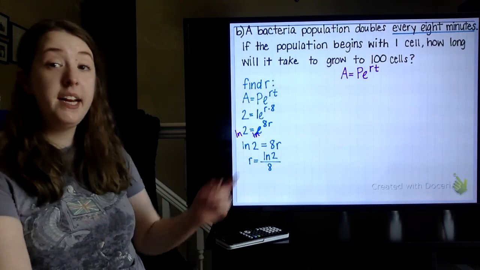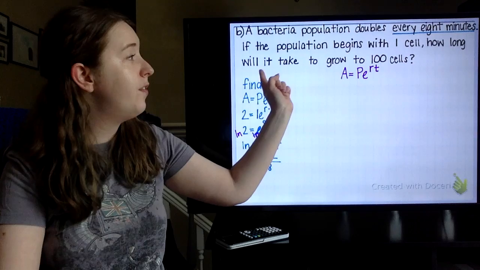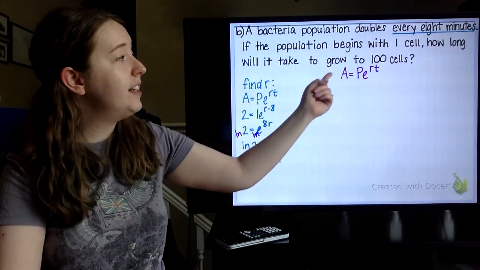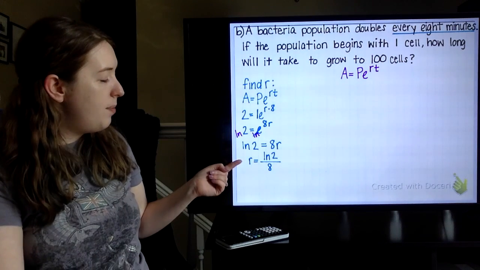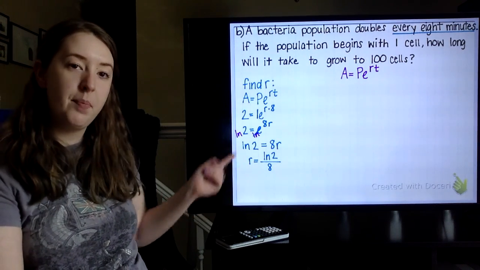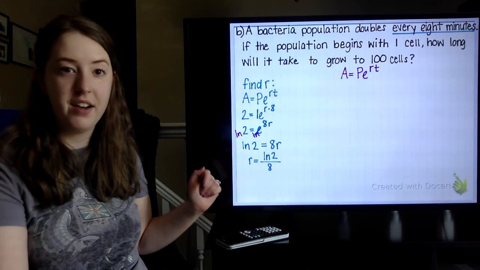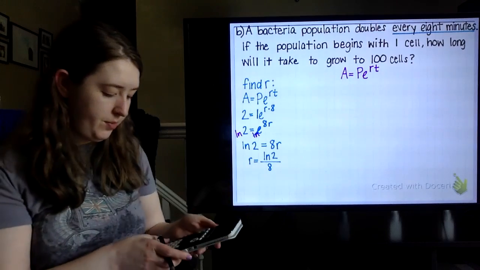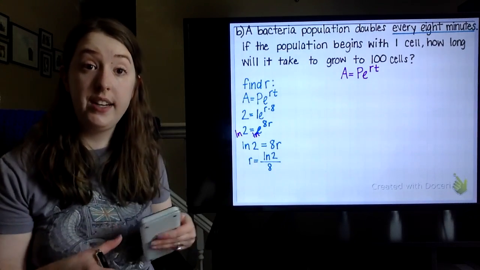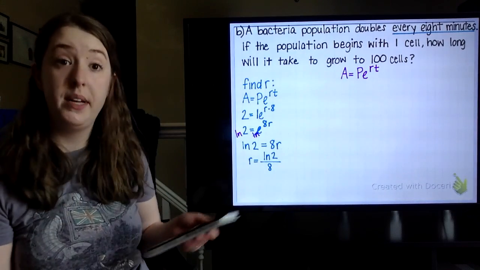Now, here in a minute, we're trying to figure out how long it will take for the bacteria population to grow to 100 cells, so we're going to want to put this number into there. If you put the natural log of 2 over 8 into your calculator, it is disgusting. But we can go ahead and store it into our calculator, and we can use that value a little bit later.